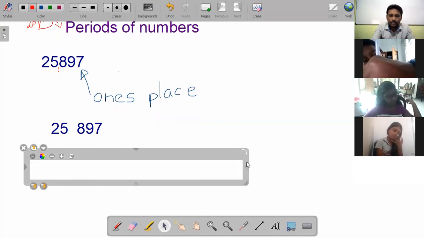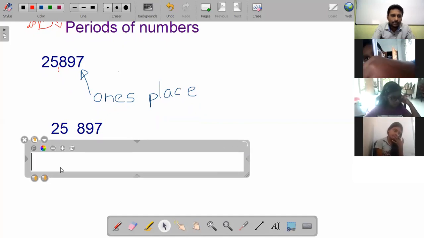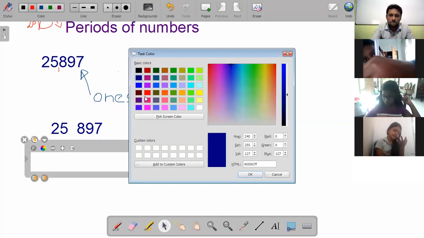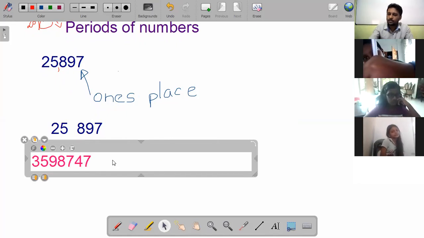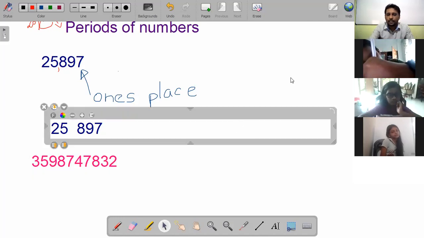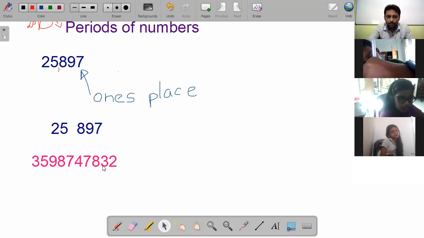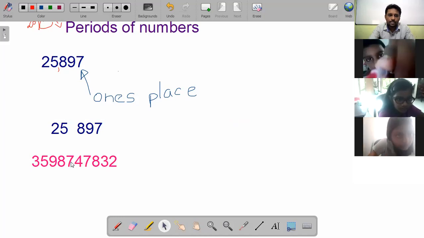Okay, now I will write another number here. Look at how many digits: 1, 2, 3, 4, 5, 6, 7, 8, 9, 10.